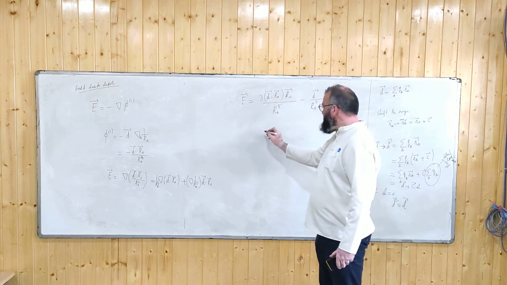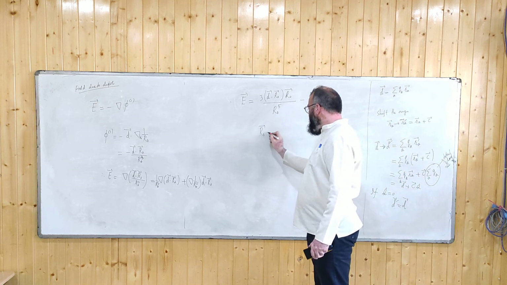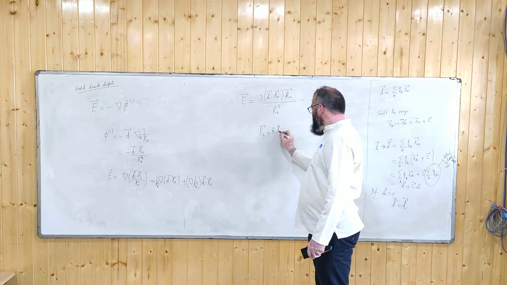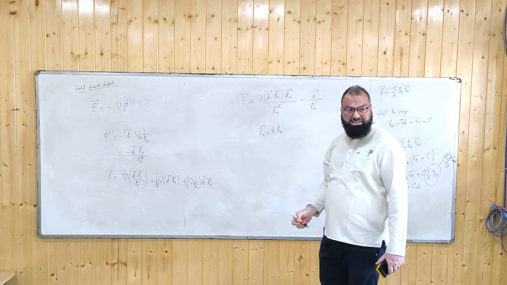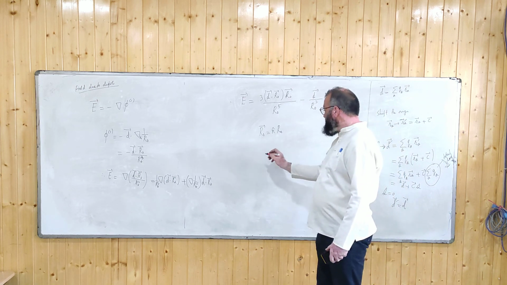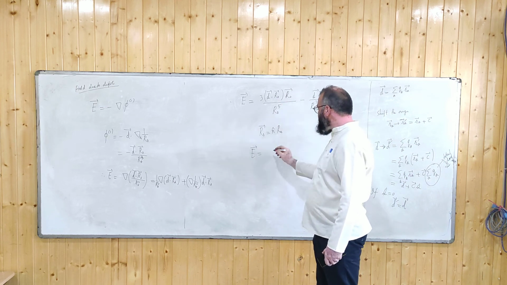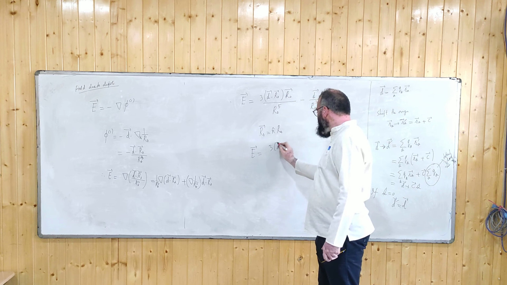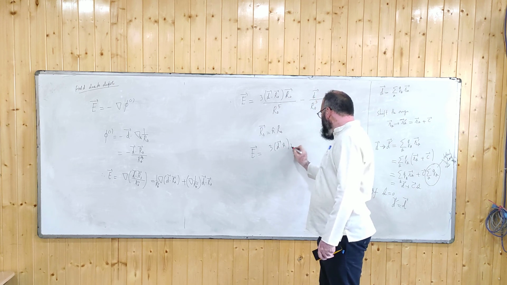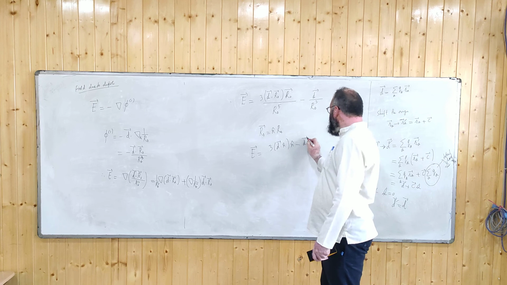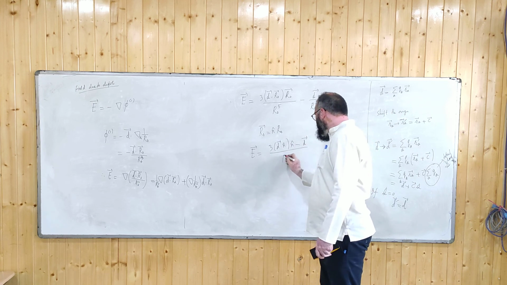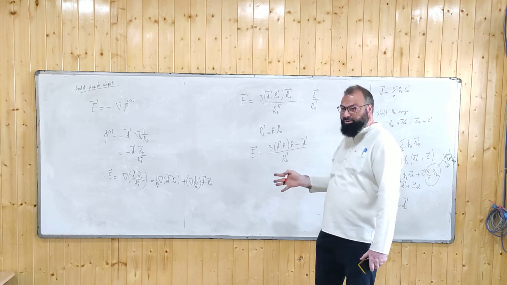Now I can put this r naught vector as r naught times a unit vector n in the direction of r. So you can write simply E equals 3 times d dot n, n unit vector, minus d, divided by r naught cube. So this is the field what you know.